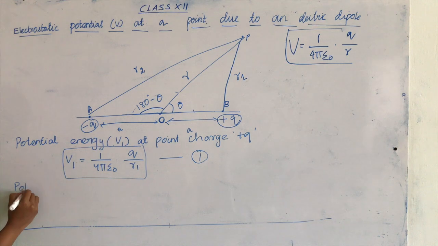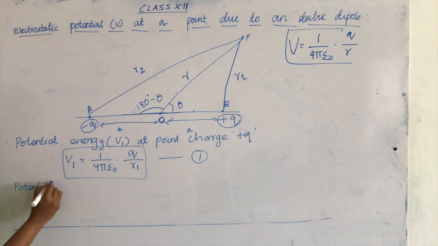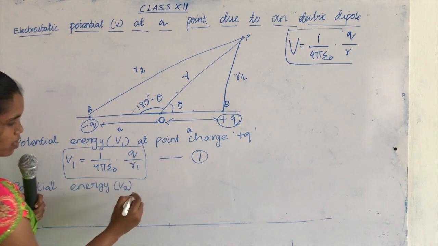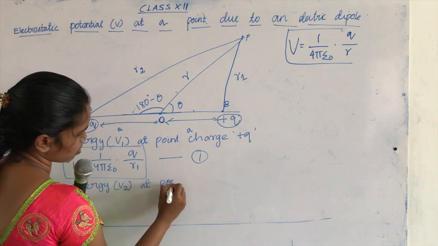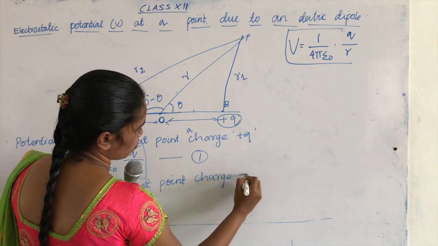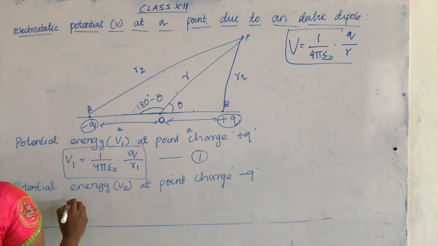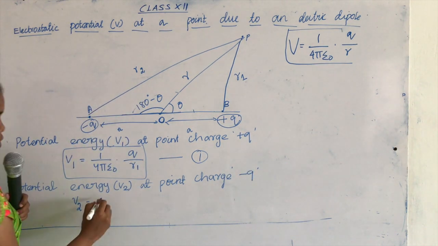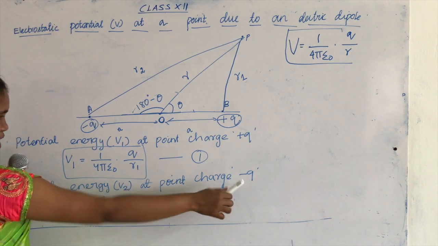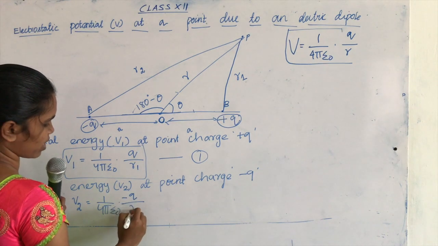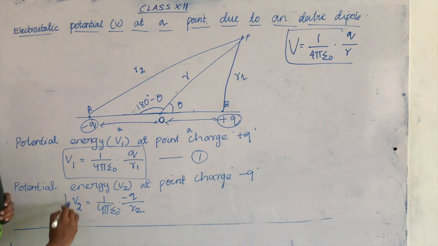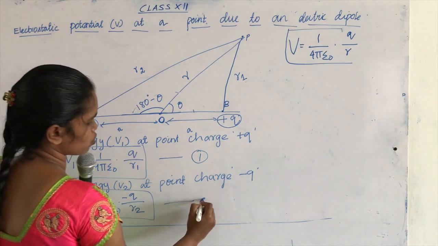Now, potential V2 at point charge minus Q. V2 equal to 1 by 4 pi epsilon 0, as it is a negative charge, minus Q divided by R2. This is equation 2.